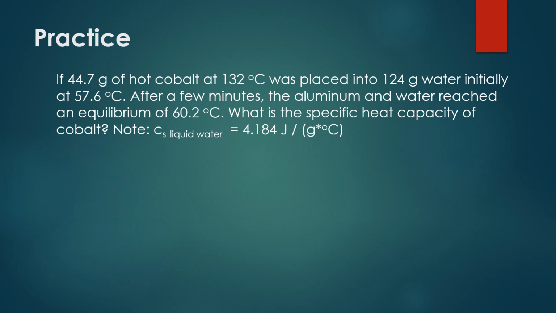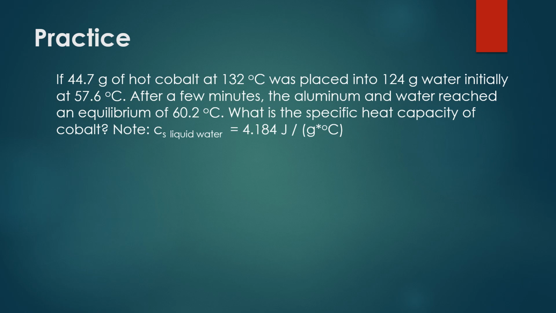So we have hot cobalt going into colder water or cooler water. After a few minutes, the cobalt and water reach an equilibrium. So heat is transferred from the cobalt to the water until an equilibrium temperature of 60.2 degrees Celsius is reached. Now the question is asking us to solve for the specific heat capacity, so C, of the cobalt. And they give us the specific heat of the water.